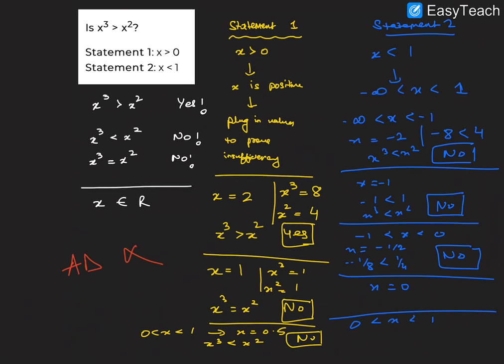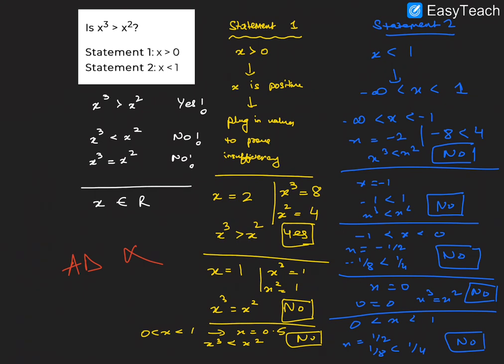Well, both will be 0, so x cube is equal to x square. That's a no. 0 to 1, any value, a typical value we'll take is the midpoint, half. That is going to be 1 by 8 is less than 1 by 4, correct? So again, it comes to no.